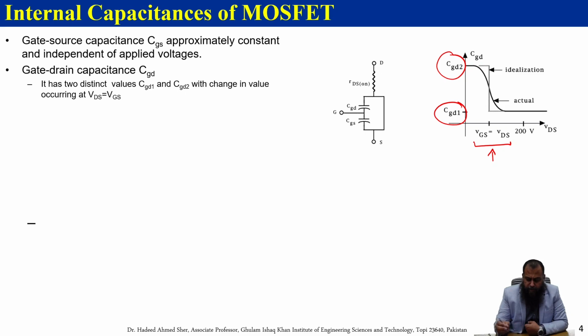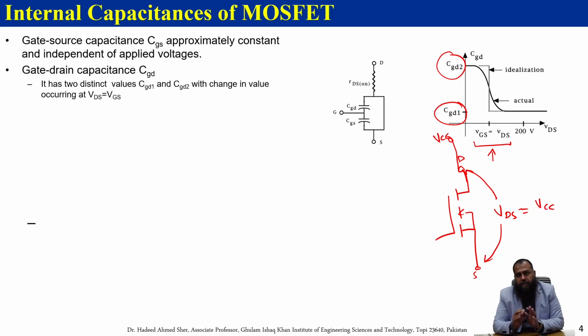So let me elaborate this further. Suppose that I have this given MOSFET here, and this MOSFET is in an off state. In an off state, if we measure the voltage between the drain and the source, this VDS shall be holding a voltage equal to this VCC here. And if this VDS is high, as you can see here, then we will attribute the value of the CGD as CGD1.